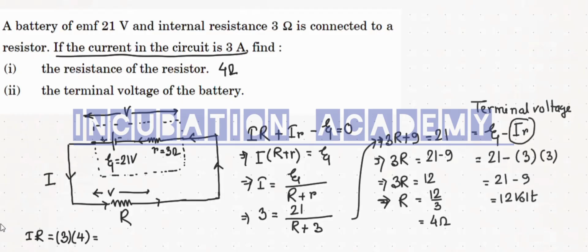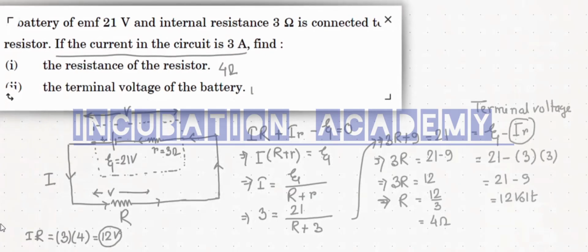The potential drop across the external resistor is the same as the terminal voltage of the battery. So this way also we can calculate. So the external resistor is 4 ohm and the terminal voltage is 12 volt. Thank you all.